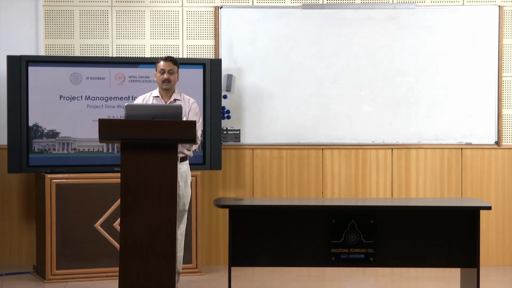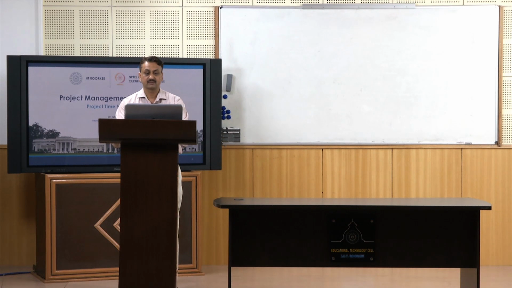For an activity ij, i is the starting point and j is the terminal point. Let us say there is an activity ij and its duration is 5 months or years or minutes, whatever your time unit is.